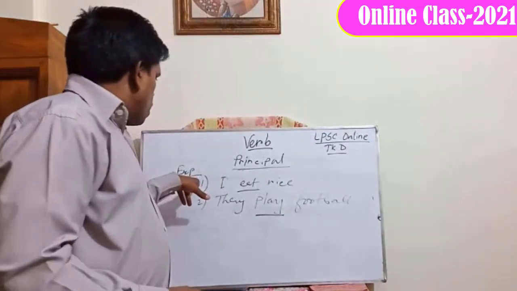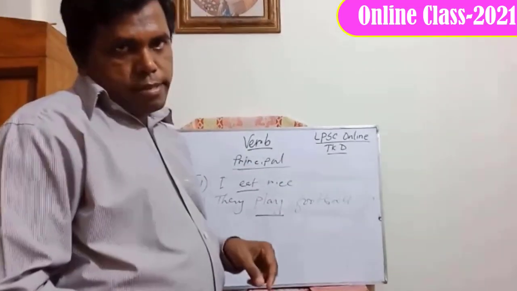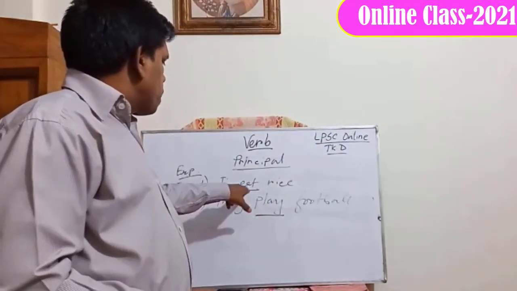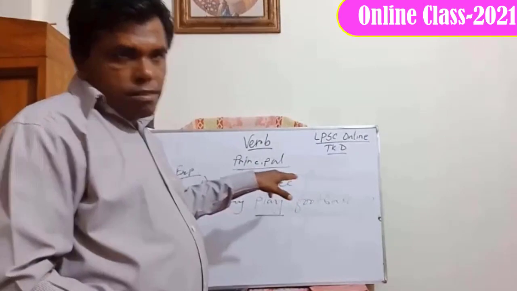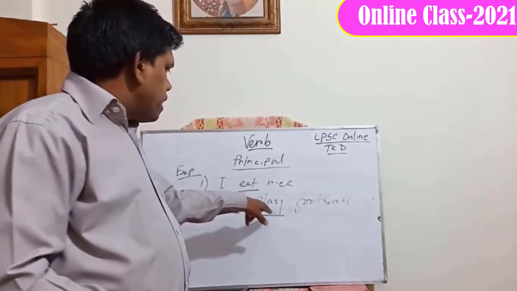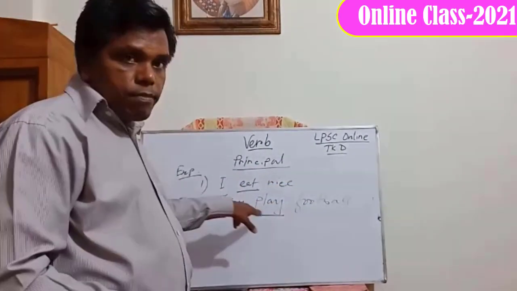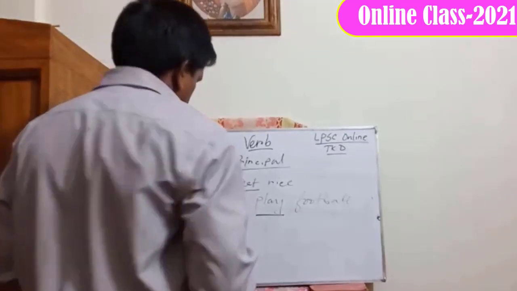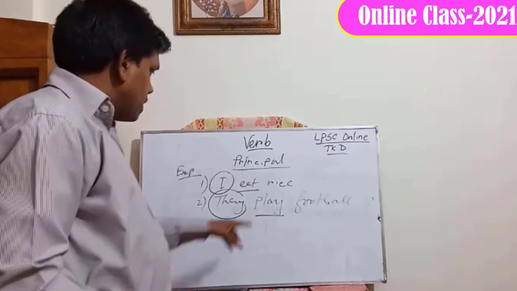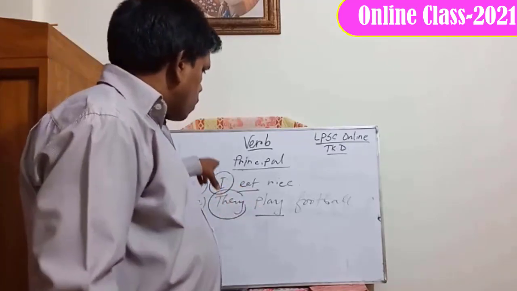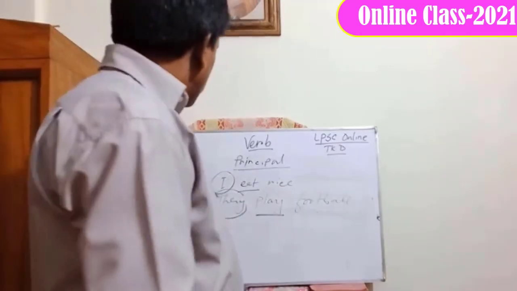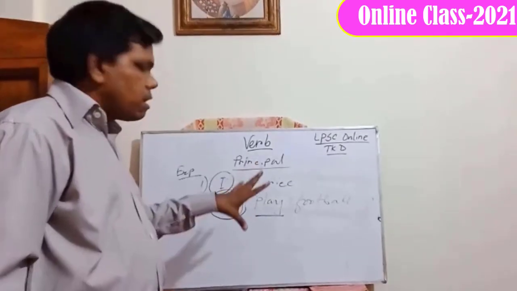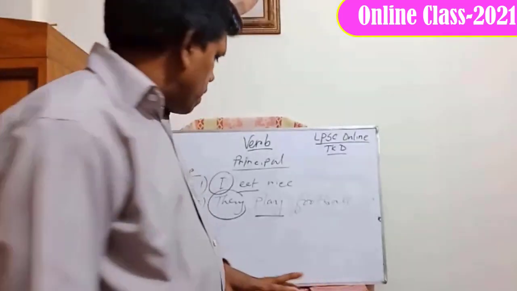Here, in I eat rice, eat is the principal verb because it can complete the sense of this sentence. They play football. The subject here is they, and with this verb play they can complete their action. I eat rice, they play football. Here play and eat are both principal verbs.